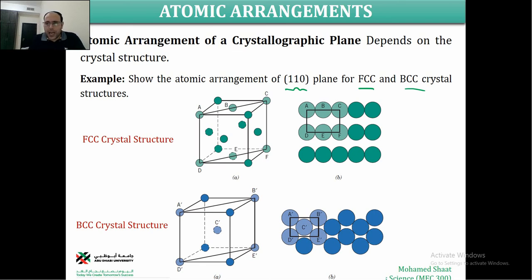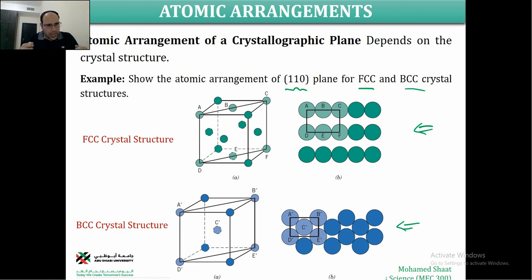The atoms could be arranged in this way, or in this way, or in another way. So from the arrangement of atoms, we can identify the type of the crystal. Is it FCC, BCC, or any other crystal structure? This is from the image that we get from the TEM.